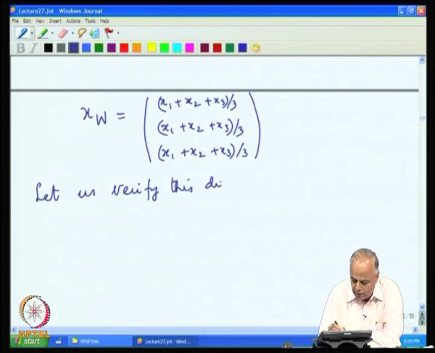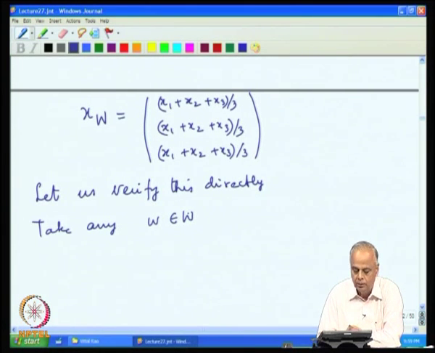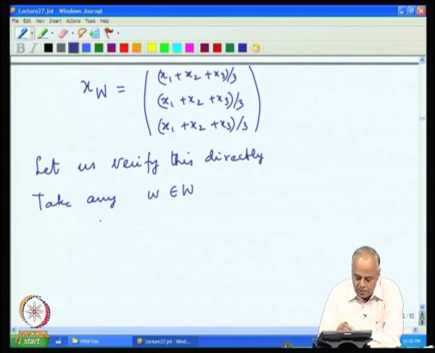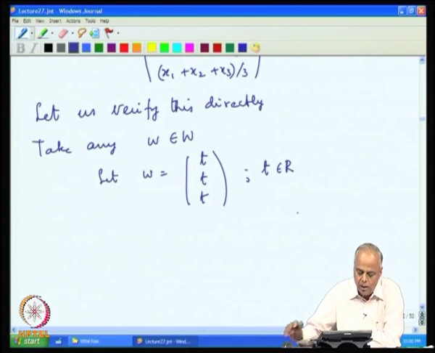What do we mean by this? Take any w in W. Now, any vector in W has all components equal. So, let w be equal to (t, t, t), where t is a real number. Now, what is the square error?